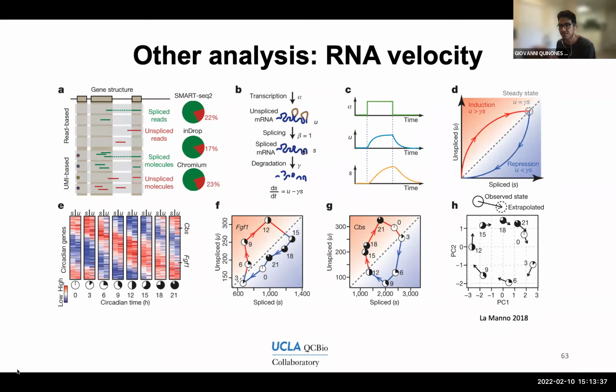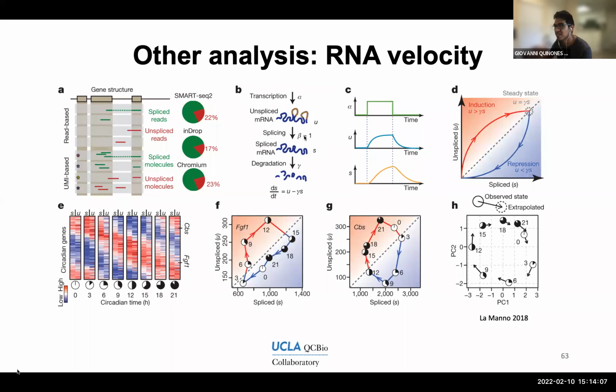I think this figure is fairly technical, so hopefully I can capture the most important points. Here in panel B, you have a model of how your RNA molecule gets transcribed from the gene at a specific rate, and then you obtain some amount of your original unspliced RNA molecule.